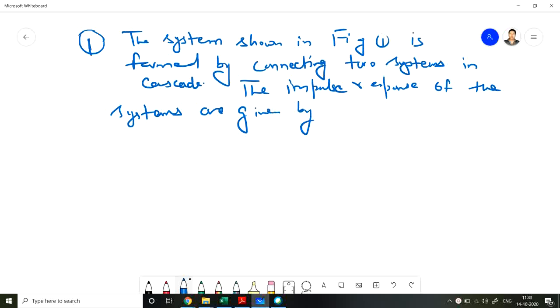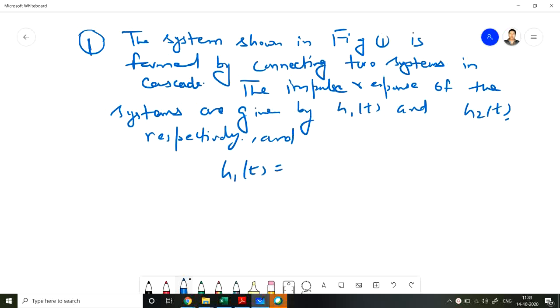So the impulse response of the system is given by h1(t) and h2(t) respectively, where h1(t) is equal to e raised to the power minus t into u(t), and h2(t) is equal to 2 e raised to the power minus t into u(t).